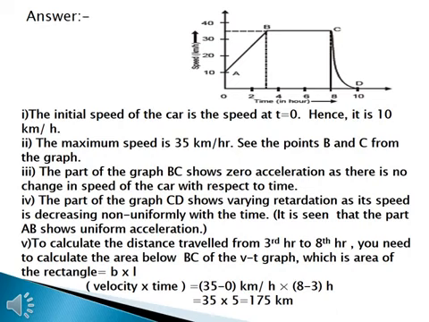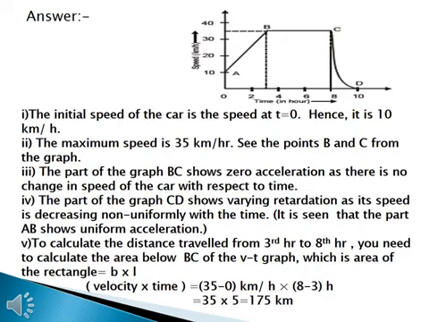Second one is, what is the maximum speed of the car? The maximum speed is 35 km per hour. See the points B and C. From this graph, BC is the topmost part of the graph, which indicates the maximum speed, which is read as 35 km per hour.